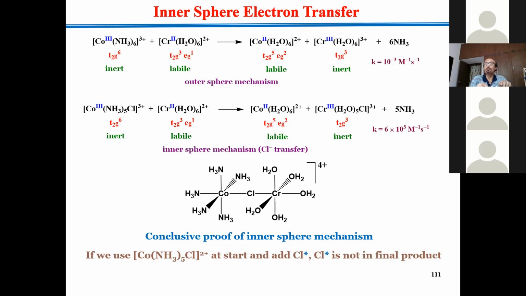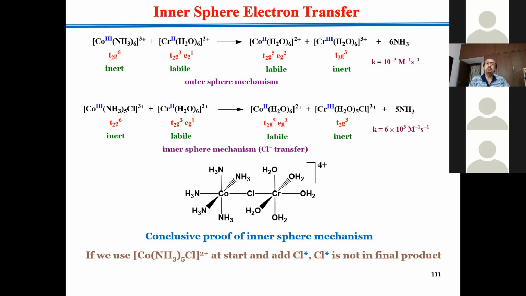Now I could argue why it is outer sphere; the rate is just the prima facie information. But if you look at the ligands over here, amine and water, none of the ligands could be considered a good bridging ligand. More particularly the amine, there is no excess lone pair which could be shared with the neighboring metal centers.